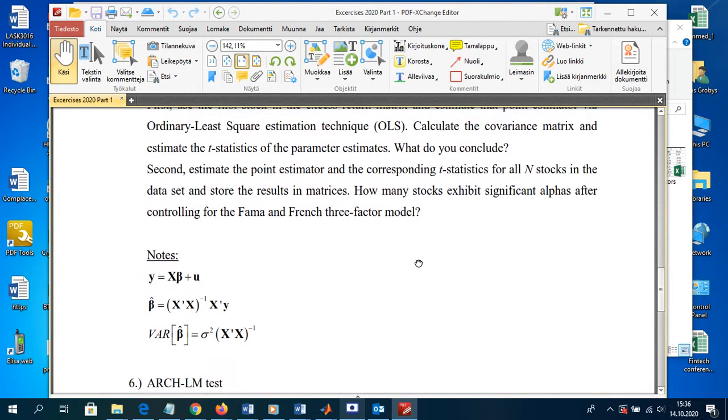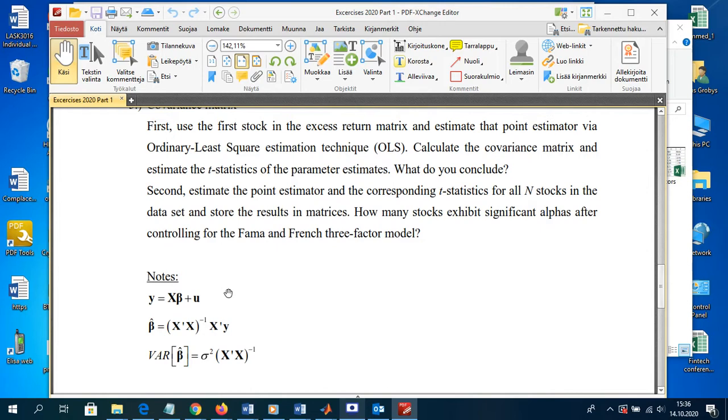As in the notes here, we again have the linear regression model, where our y vector is a T by 1 vector of excess returns. Our X matrix is the regressor matrix, which has dimension T by 4 in our case, if we use the Fama-French 3-factor model, and beta is the corresponding parameter vector, which has dimension 4 by 1 in our case.